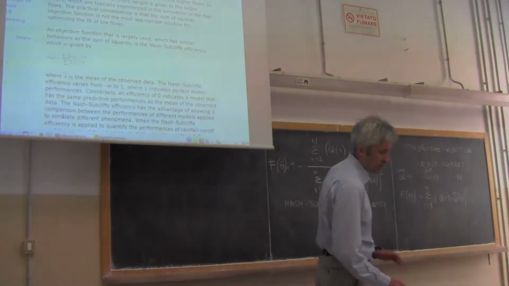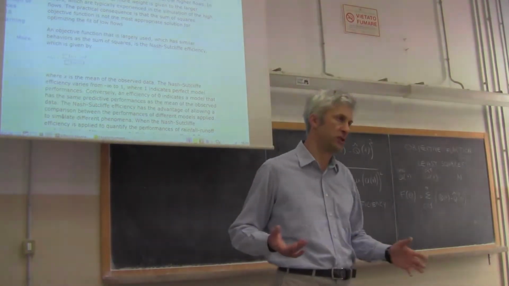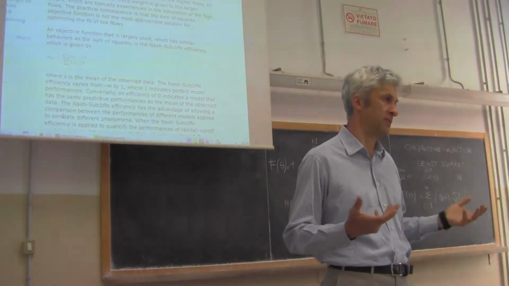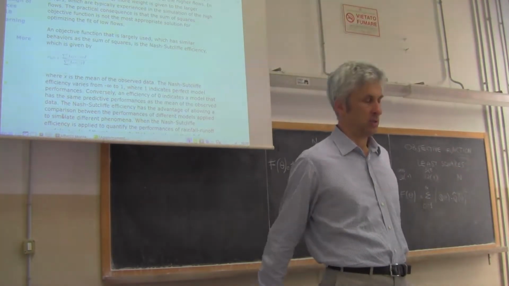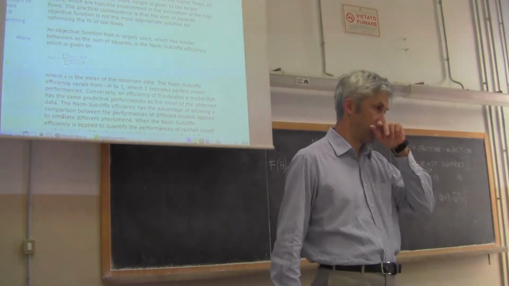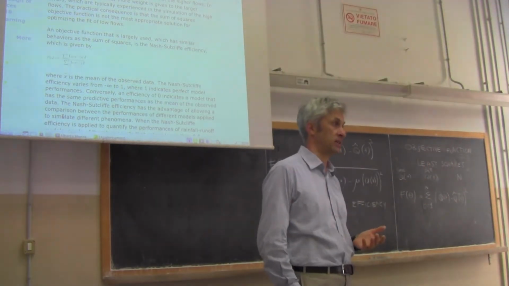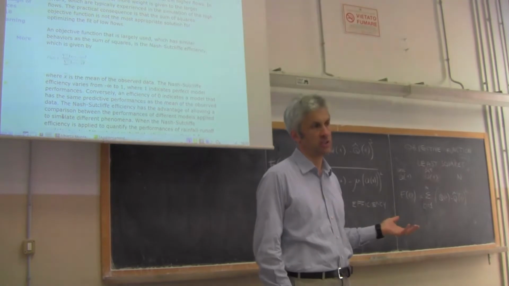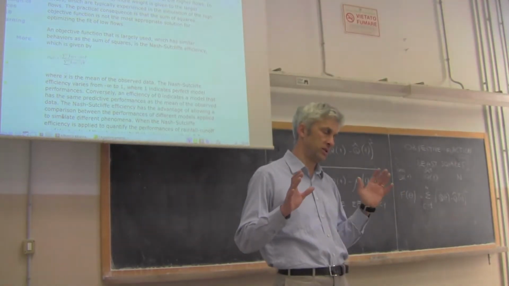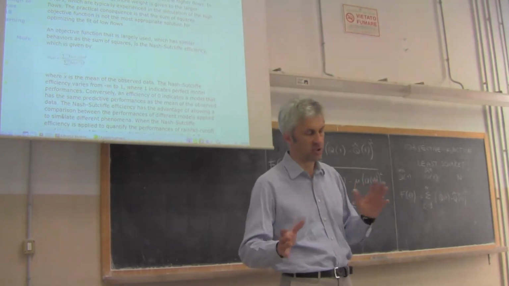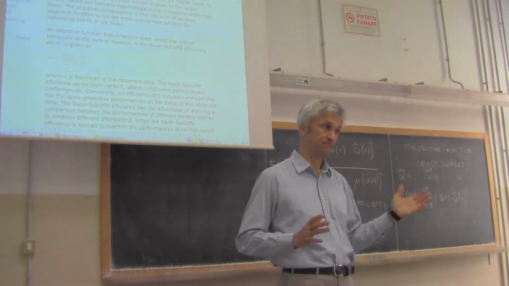In hydrology, there is a rule of thumb which says that a rainfall runoff model is good if efficiency is greater than 0.5. This is just a rule of thumb that I want to give to you just as a reference. And there is another rule of thumb which says that a very good efficiency is 0.85. So when you apply hydrological models, you have to expect efficiencies between 0.5 and 0.9.